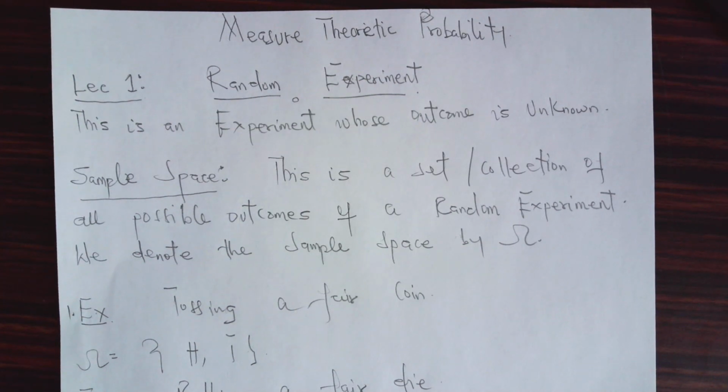We can consider some examples of random experiments. For example, when you toss a fair coin, you don't know whether you get a head or a tail. So in order to model this random experiment, the sample space involved is head and tail, where H denotes the head and T denotes the tail. These are the possible outcomes from tossing a fair coin.